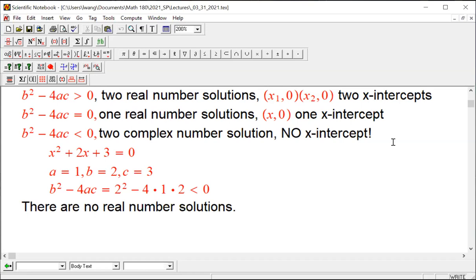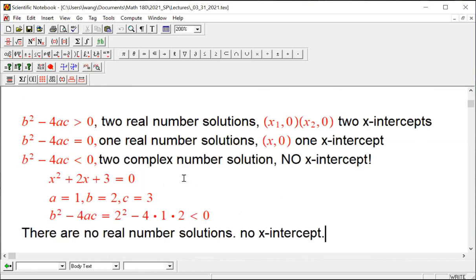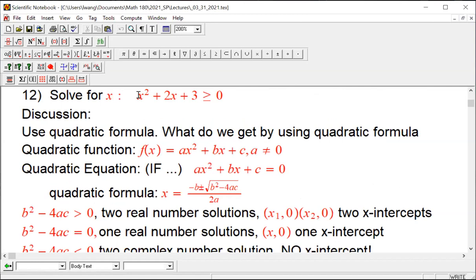The curve and the x-axis never touch. No real number solutions means that there's no x-intercept. And this parabola opens up, doesn't it? Because a is positive.